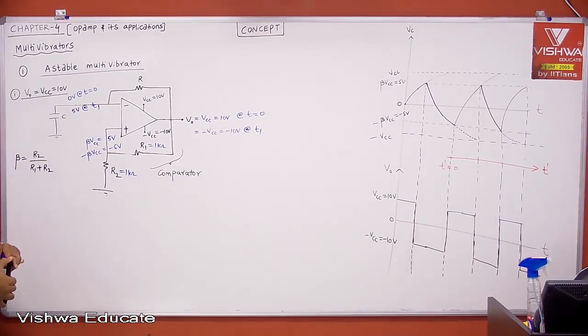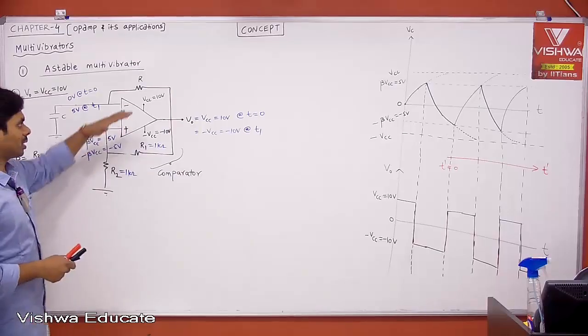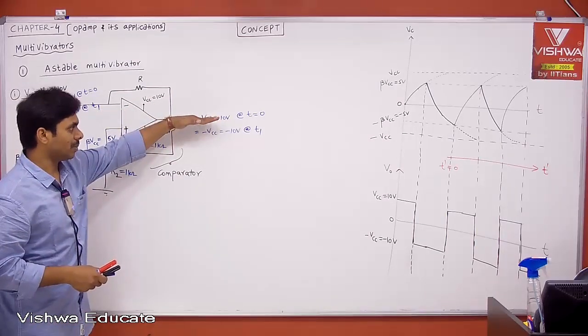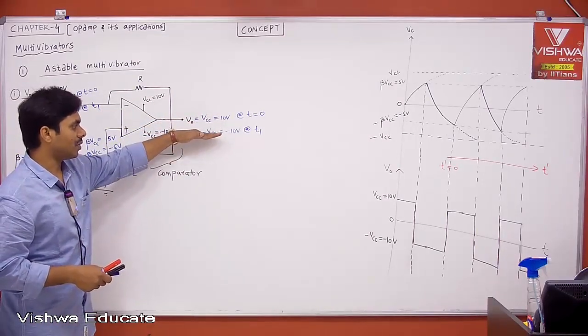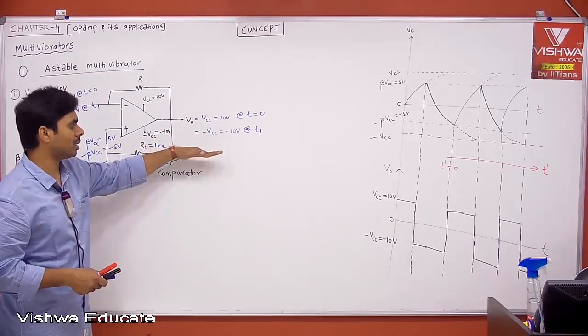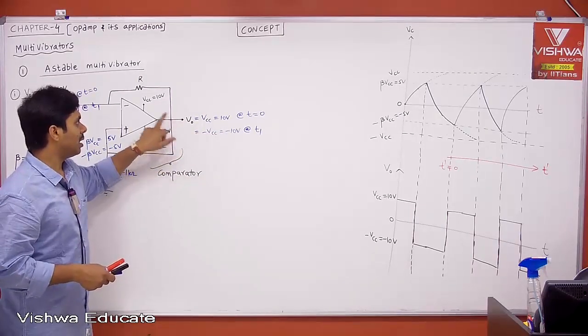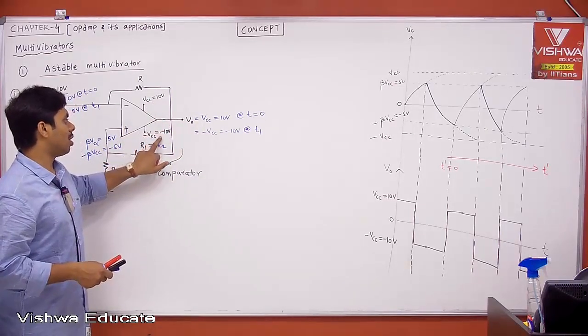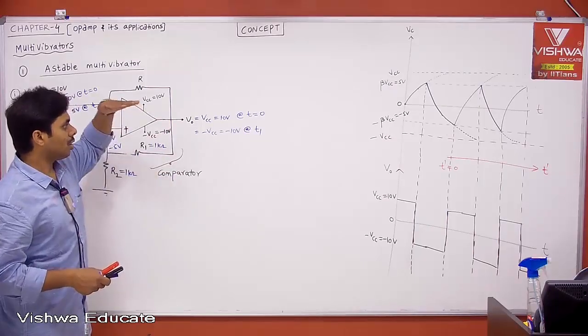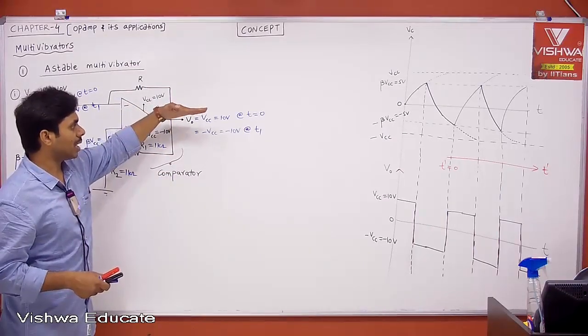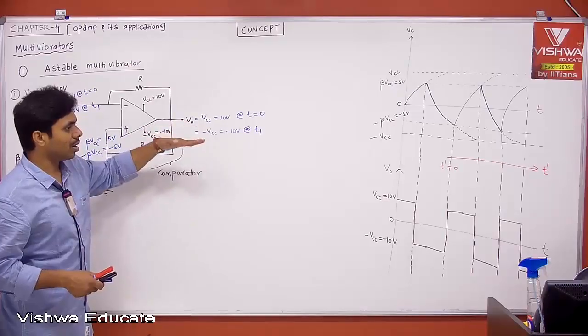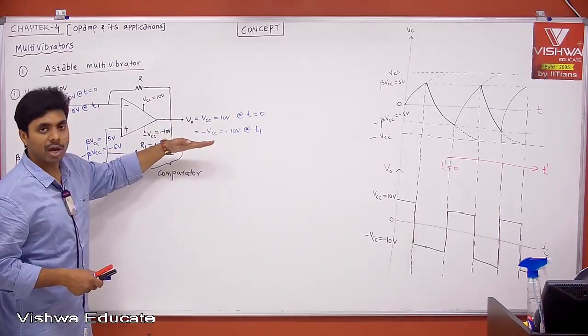Why is it called an astable multivibrator? Once your output is plus VCC, after some time it becomes minus VCC. After some time it becomes VCC again, and after some time minus VCC. When you say logic 1 is VCC and logic 0 is minus VCC, whatever logic 1 you get at the output is not stable. Again it becomes logic 0. Whatever logic 0 you get is not stable.